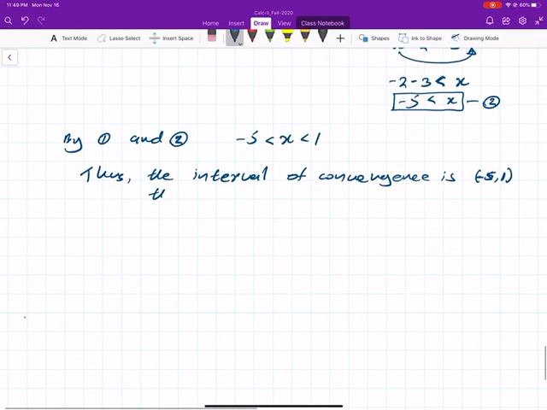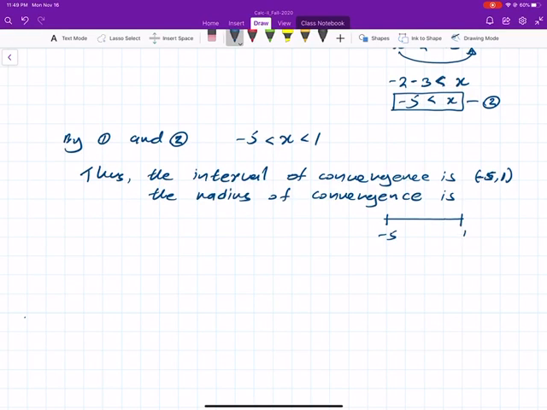Okay. The radius of convergence is: here this is negative 5, this is 1, and the midpoint should be minus 2. So the radius from here to here is just 3. Radius equals 3. Okay, the radius of convergence is 3.